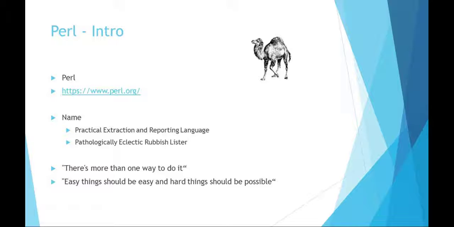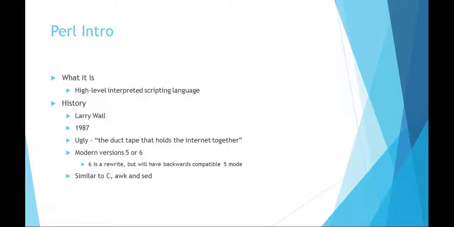Perl is also a pretty old scripting language, so it's not as elegant maybe as some of the newer ones like Python, but it's so widespread and it's used just about everywhere. It's also been described as the duct tape that holds the internet together.